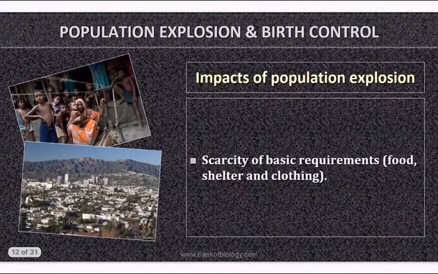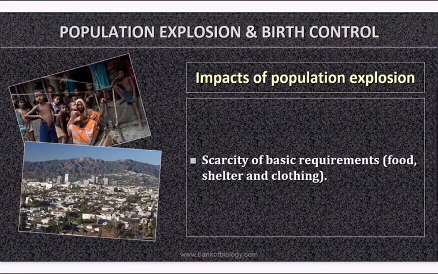Increase in number of people in reproductive age. The age between say 12 to 40 we can consider as reproductive age. People of that age are around 40 crores in India. That is the problem. So this is called reproductive age people. So what happens if it goes on unchecked?